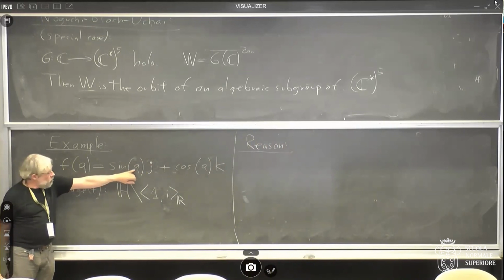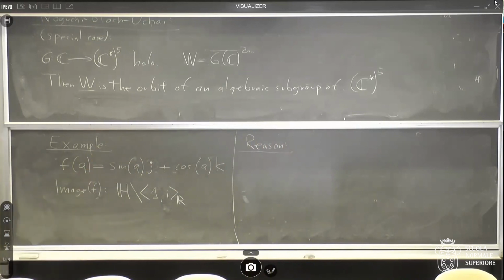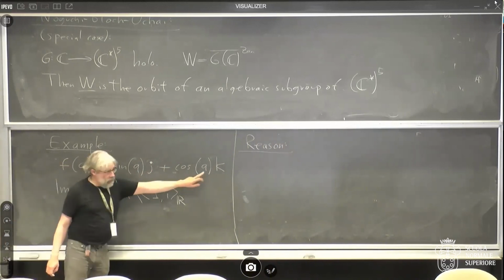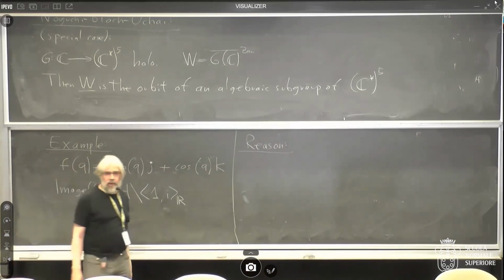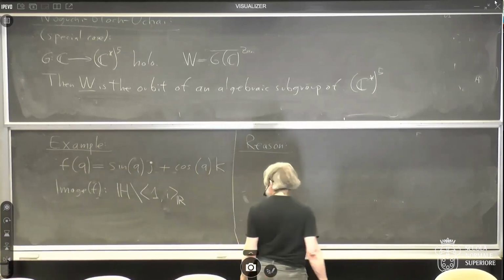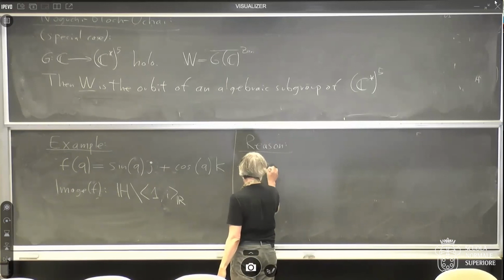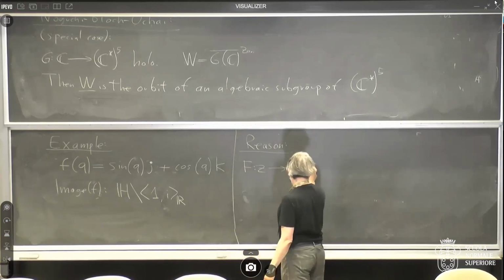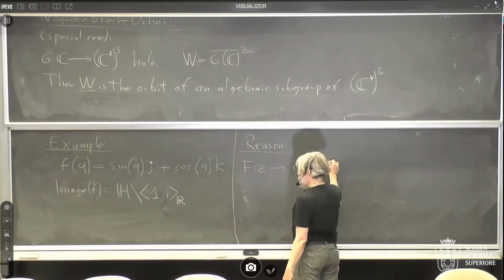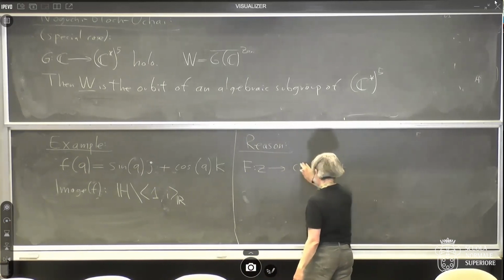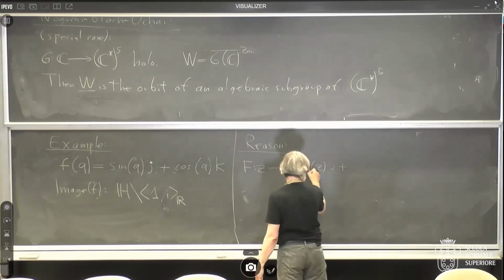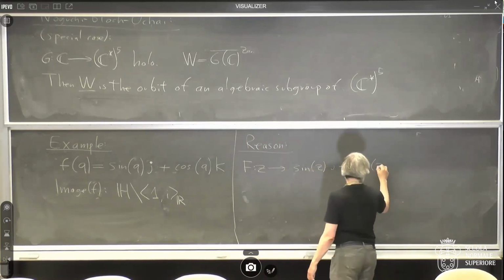You all know the power series for sine and cosine, and these power series have only real coefficients, so we can just plug in quaternions because the real numbers are canonically embedded in the quaternions. And the stem function is then more or less like this. We just have to map the complex number z to sine of z times j plus cosine of z times k.